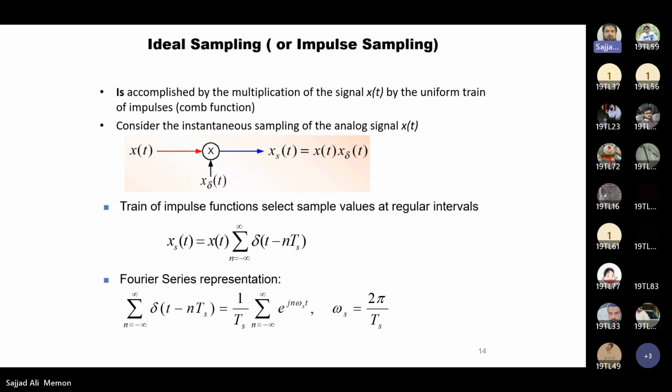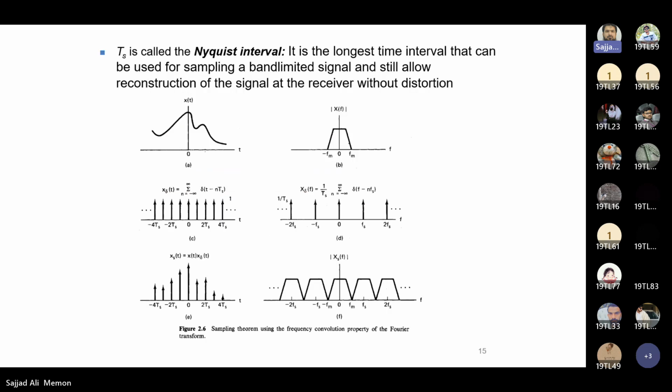T_s is the sampling interval. T_s is called the Nyquist interval or the sampling interval. It is the longest time interval that can be used for sampling a band limited signal and still allow reconstruction of the signal at the receiver without distortion.